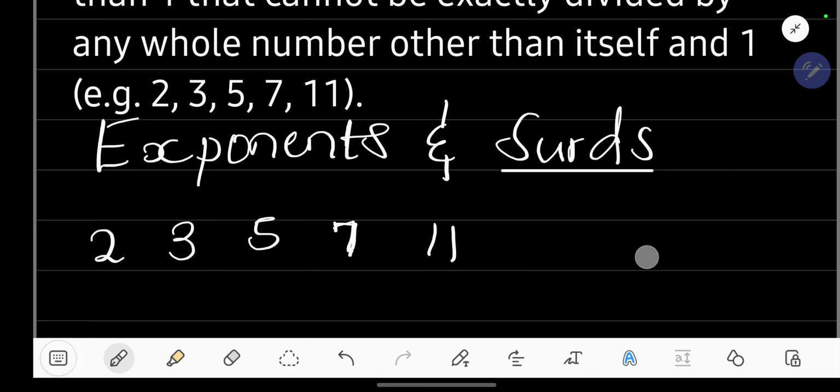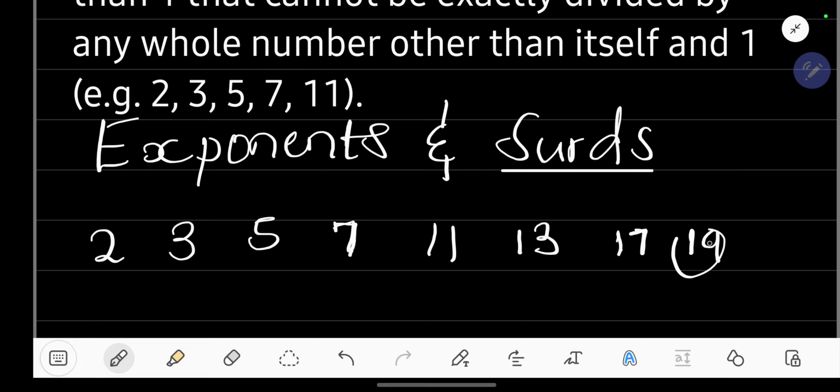Okay, so I guess you understand what prime numbers are. It's 2, 3, 5, 7, 11, even 13 is a prime number. 14 is not a prime number, 15 is not, 16 is not, 17 is a prime number, 18 is not, and 19, I think 19 is a prime number.